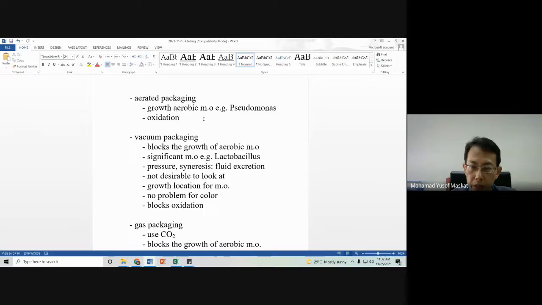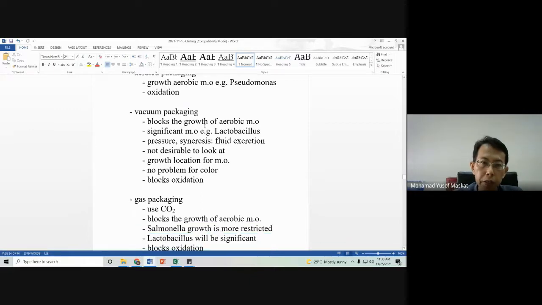Remember, for meats we want it to be red, because when consumers see red meat, they connect it to being fresh. But for poultry, we don't have that kind of connection. So whether we have oxygen or not, the color of the product will still be the same.